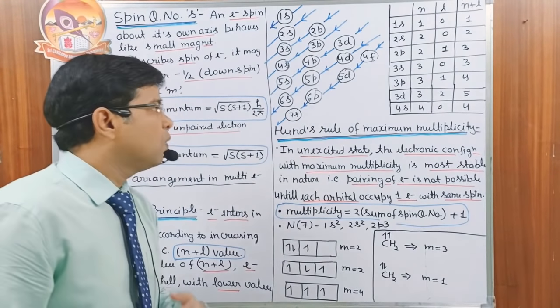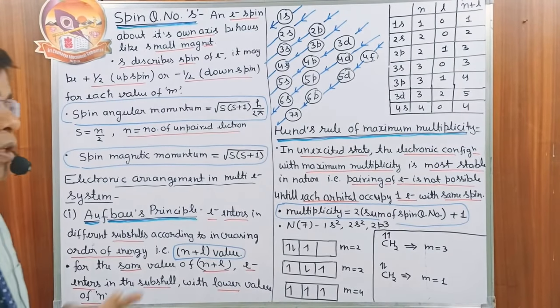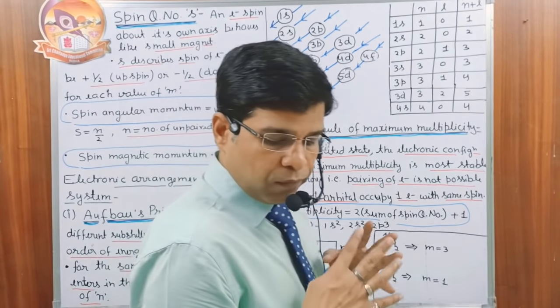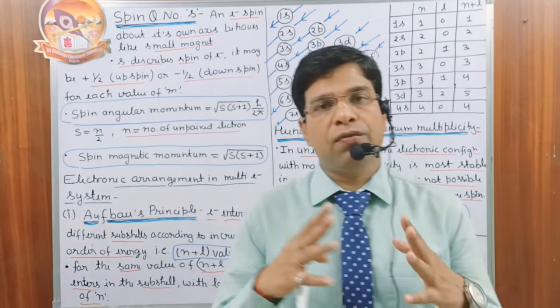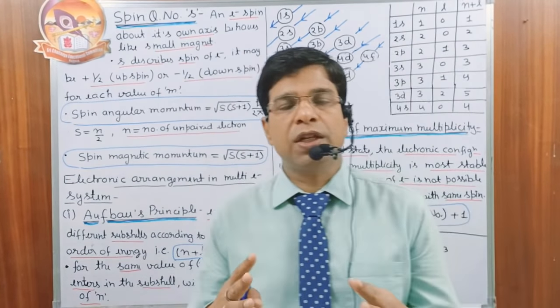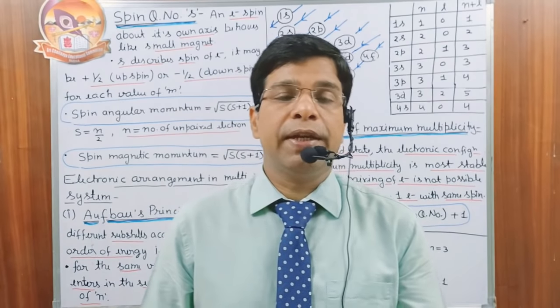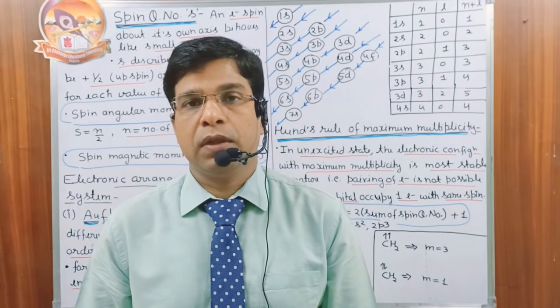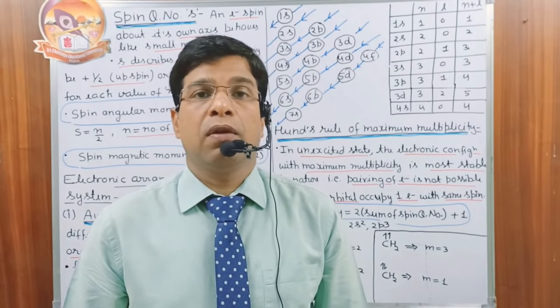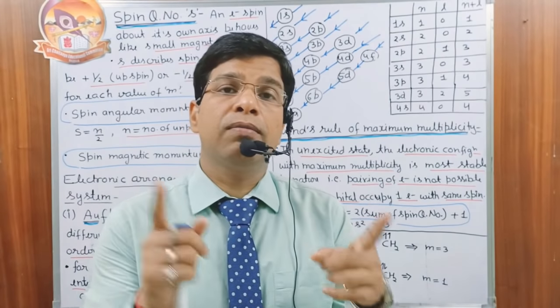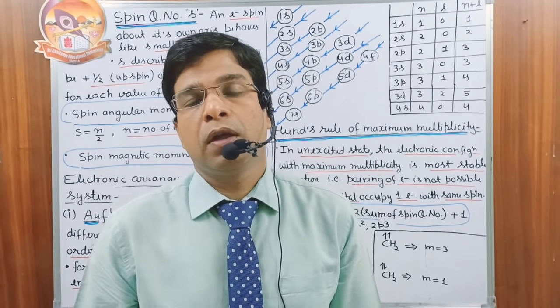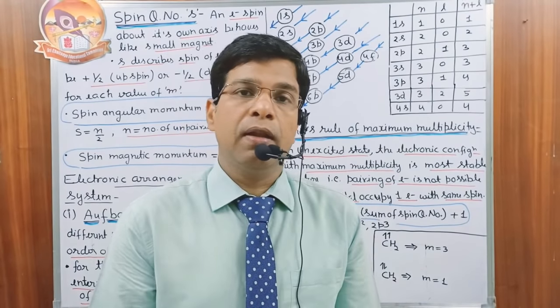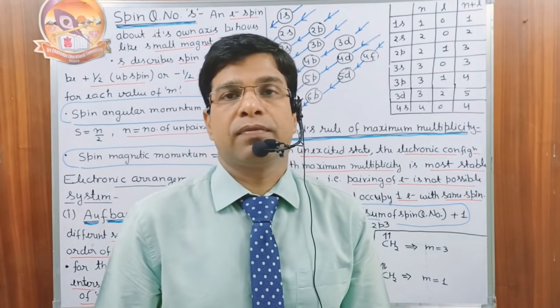Then Hund's rule of maximum multiplicity. According to this rule, the arrangement of electrons which provides the maximum multiplicity is stable. The state of maximum multiplicity is the most stable state. According to this rule, pairing of electrons is not allowed until every orbital has at least one electron with the same spin.